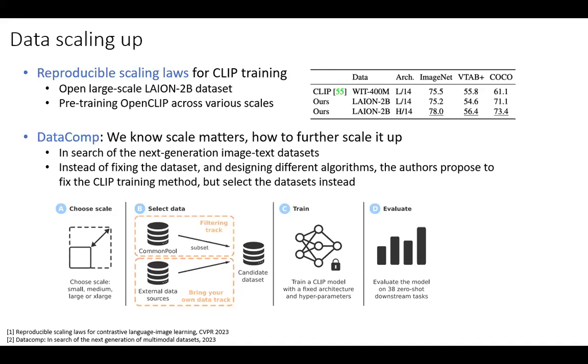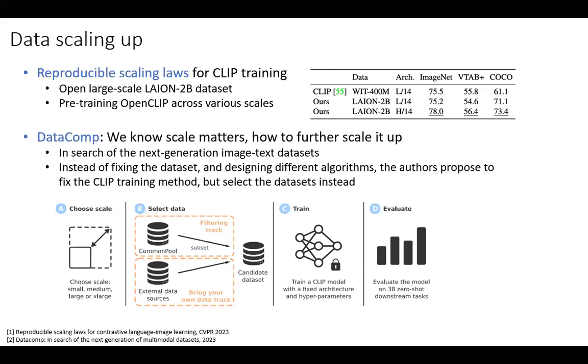Are we just scaling it up using noisy and noisier data? I think in this paper, they propose a very nice idea: in search of the next generation of image-text datasets. The idea is that instead of fixing the dataset and designing different algorithms, which is basically what we do every day, the authors propose to fix the CLIP training method. Basically, the training algorithm is fixed.